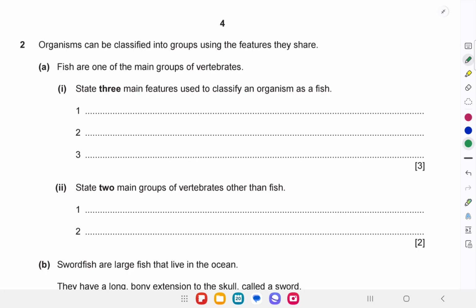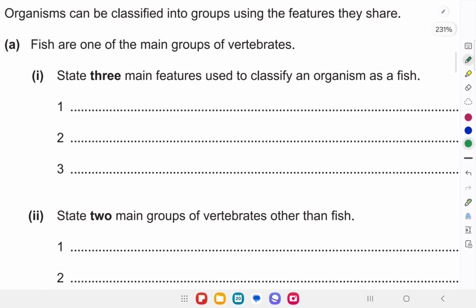Fishes have unique properties, which are they have gills, they have a scaly skin, they have fins.